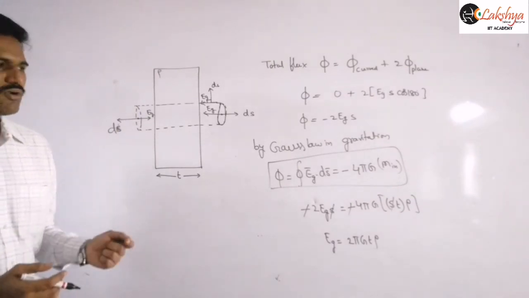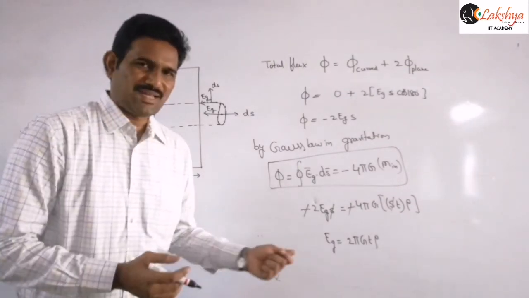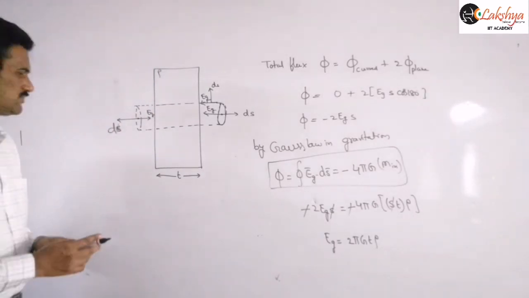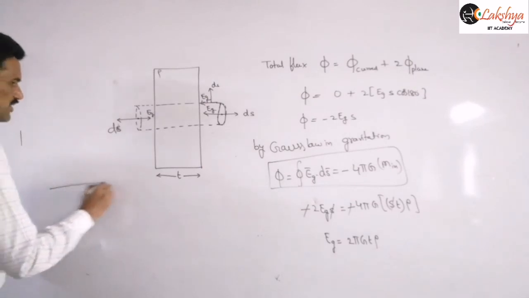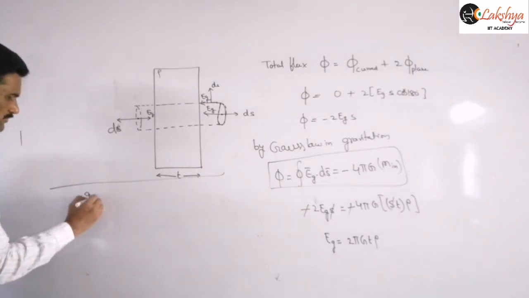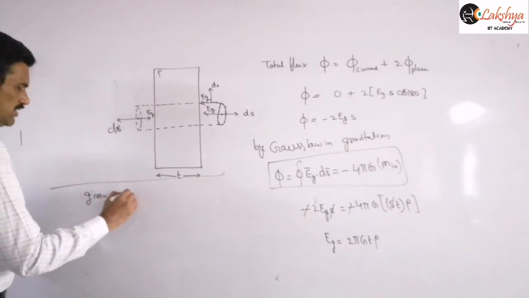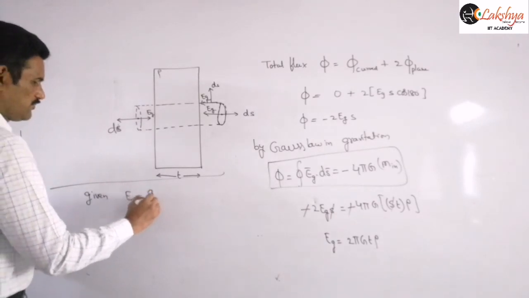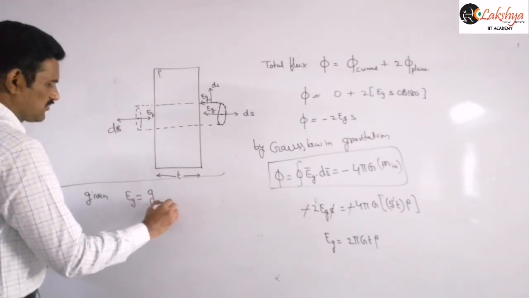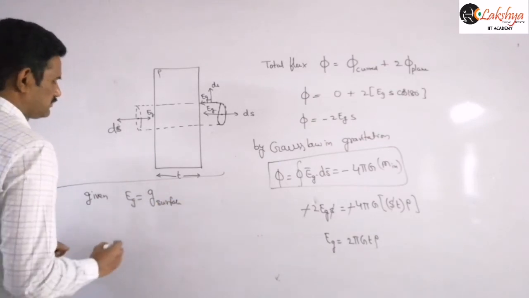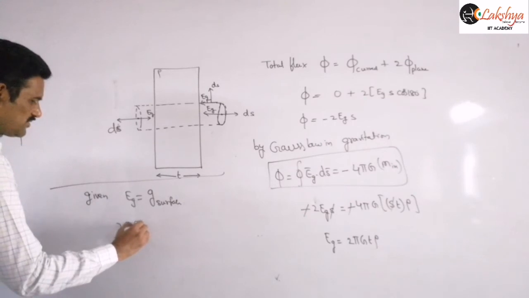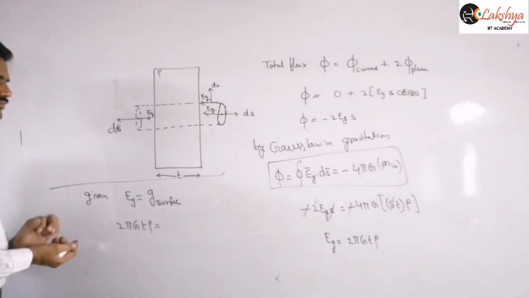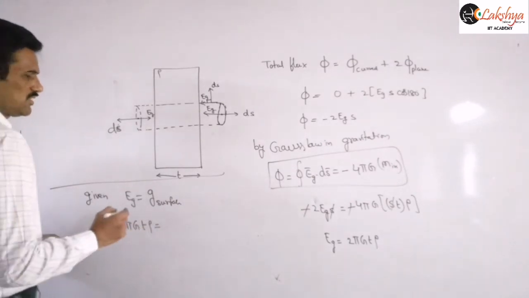So that will be the gravitational field there. Actually this gravitational field is nothing but our acceleration due to gravity. Now the given condition is that Eg is equal to g on the surface of earth. Therefore I can write 2 pi G into T into rho equal to, on the surface of earth, in terms of density.